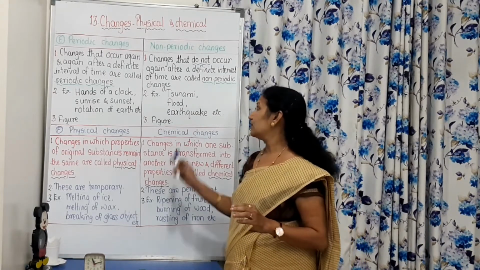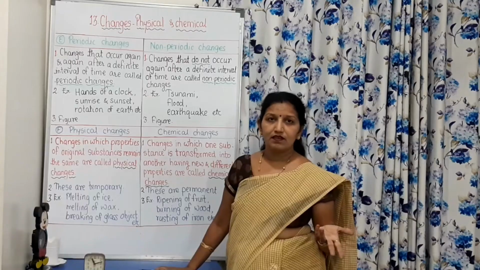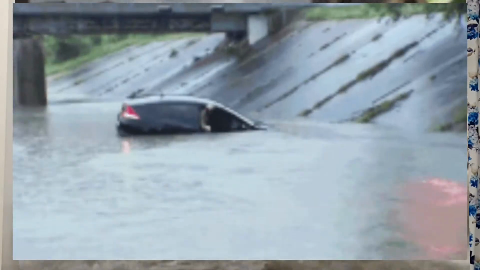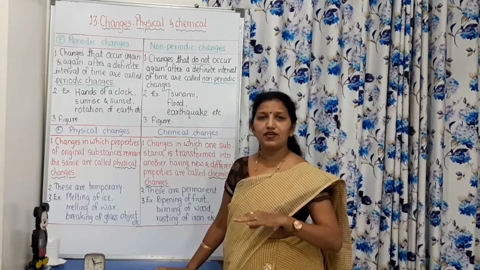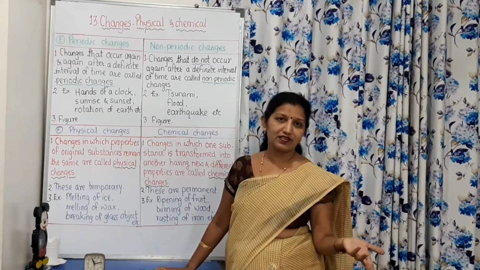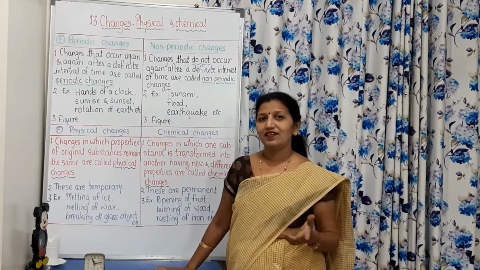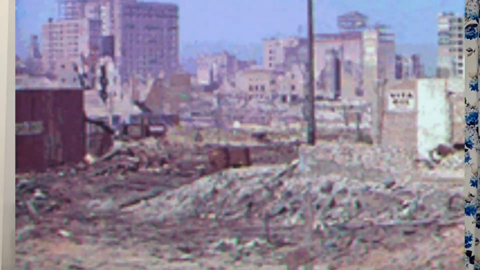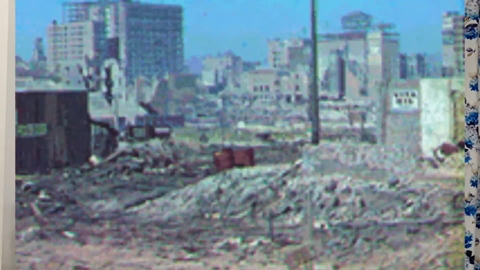For example, tsunami may occur at any time. And flood may occur after 10 years, after 5 years, after 12 years, or it may not occur. If it does not occur, we will be thankful to God. Then earthquake may occur anytime.